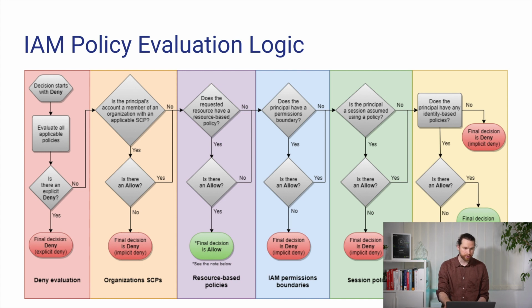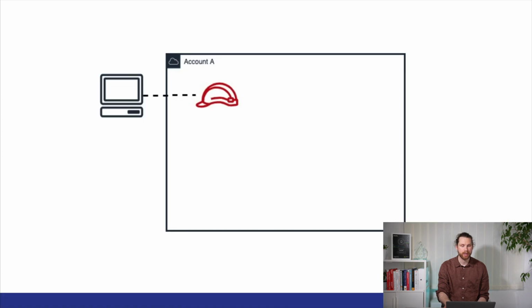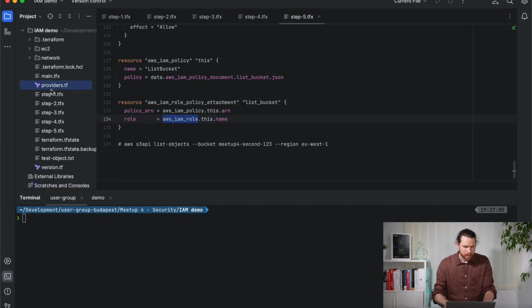So in theory, we should get an explicit deny. And I'm going to show you a command that, despite the fact of this official diagram from AWS, can still perform when you have explicit deny on every action and resource. So let's see the code.